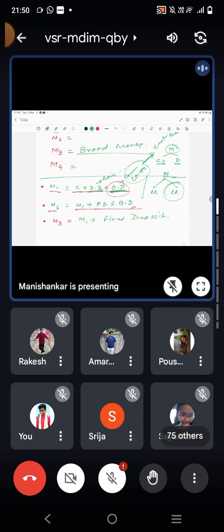So check, post office savings part is not included in M3. M1 plus fixed deposit, that means our term deposit, that is M3, that is actually our broad money.